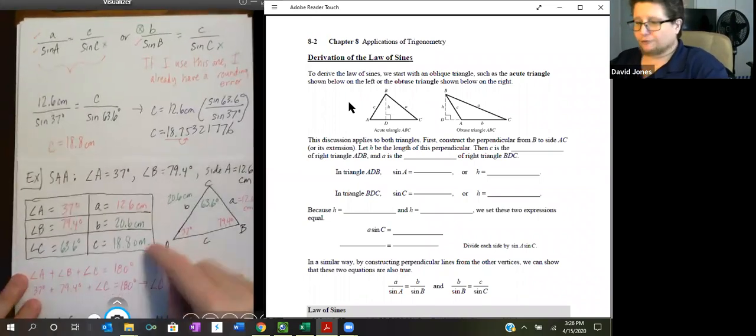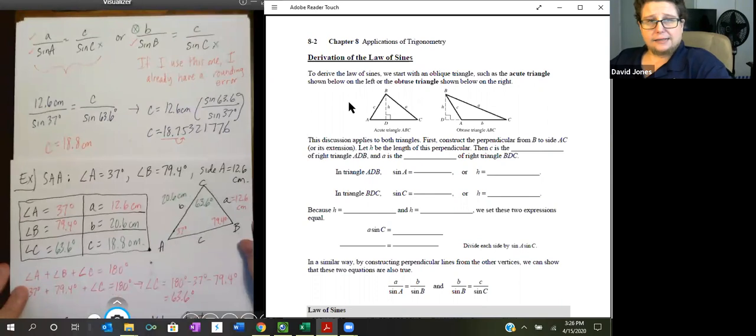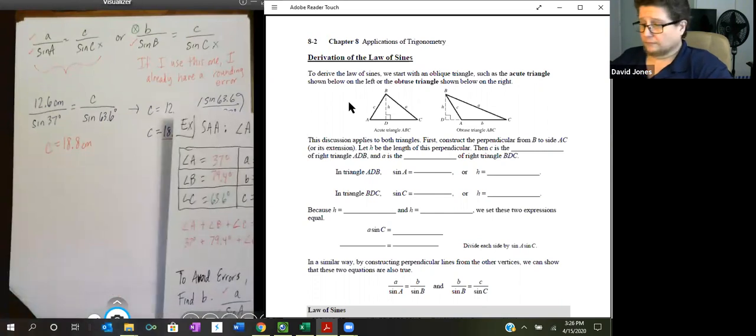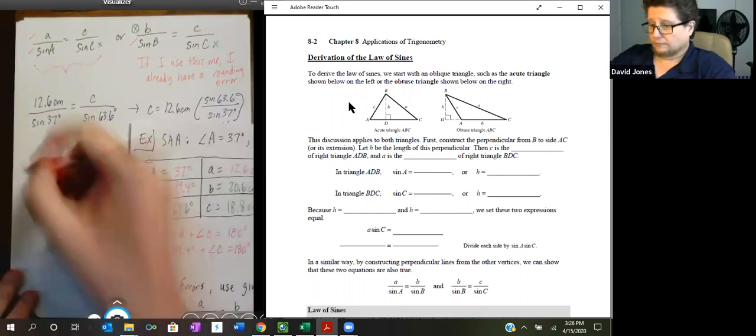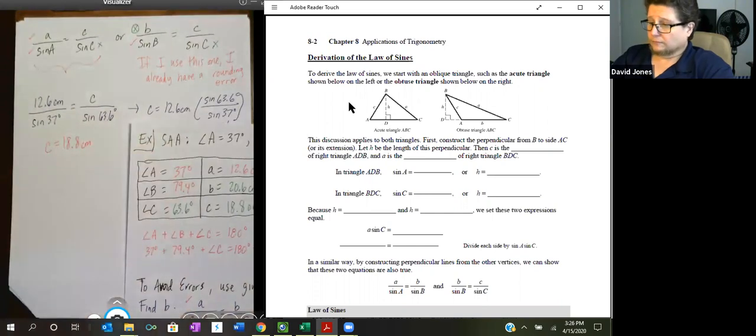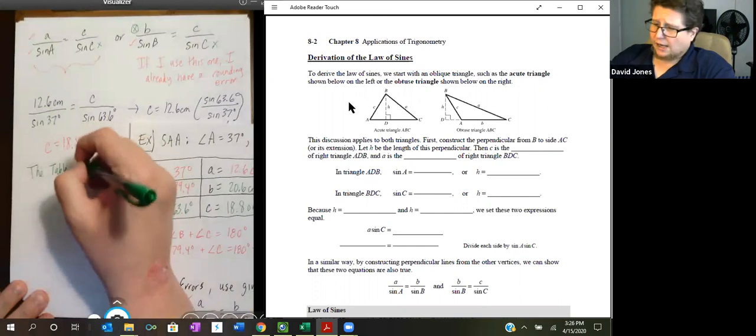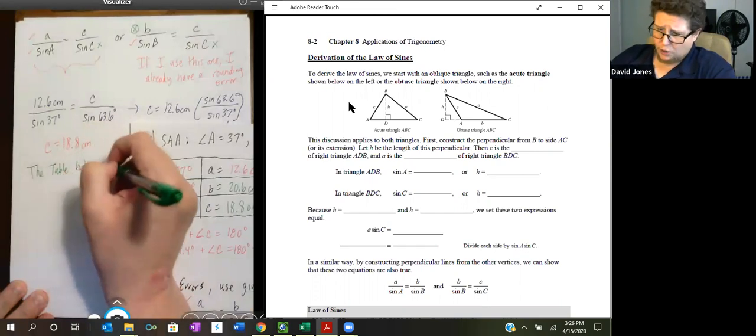What does this table do for me? It does a couple things. The table helps me organize what I know and don't know.